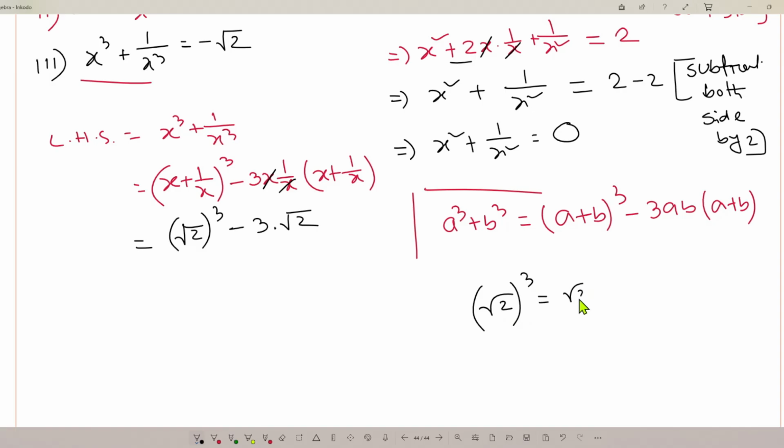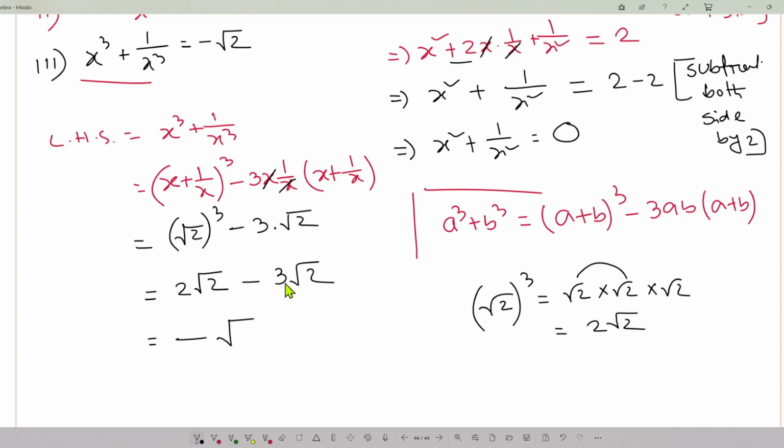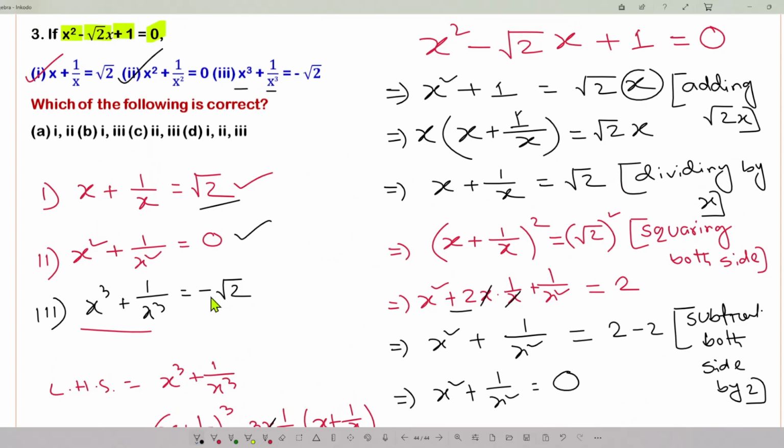Root 2 times root 2 times root 2. These two root 2 multiplied give 2, and here is root 2, so we can write 2 root 2, and here is minus 3 root 2. 2 root 2 minus 3 root 2 will be minus root 2. So number 3 also, x cube plus 1 by x cube, will be minus root 2. So this is correct.